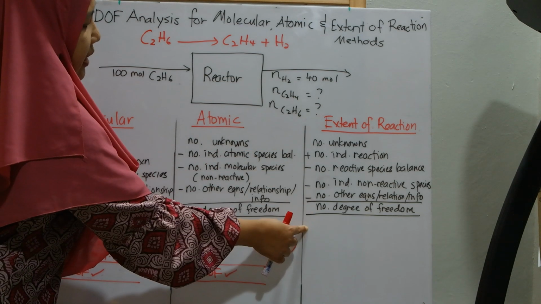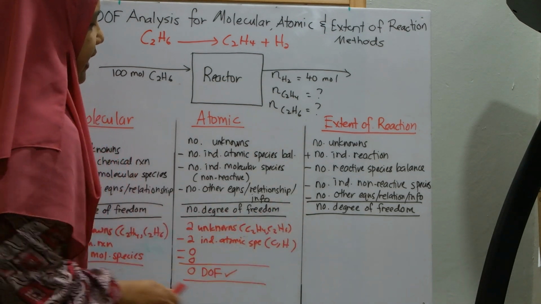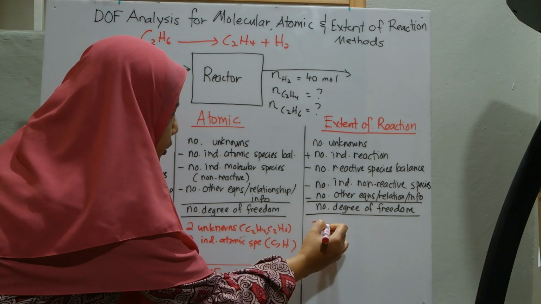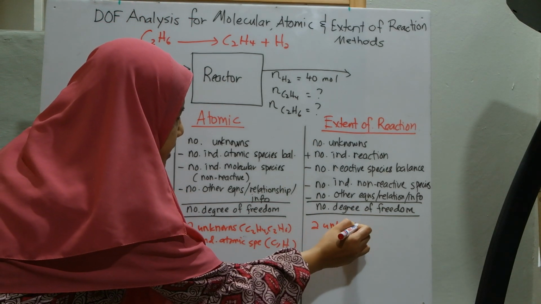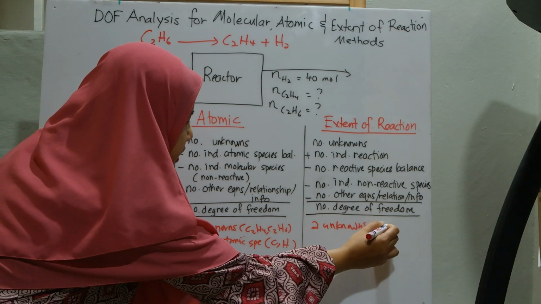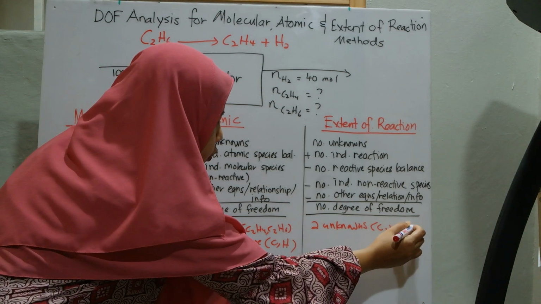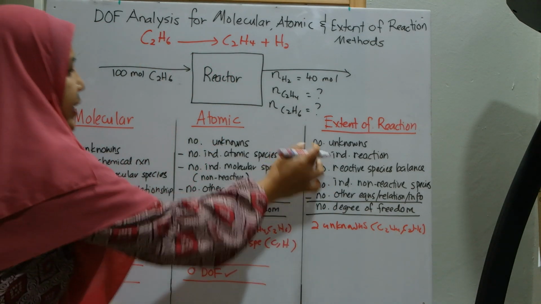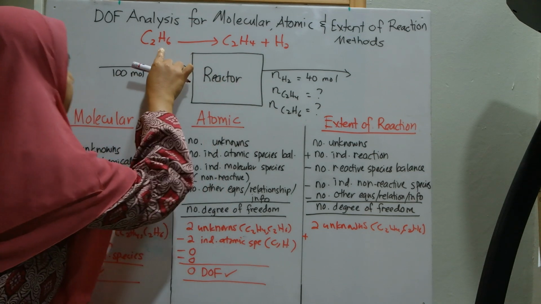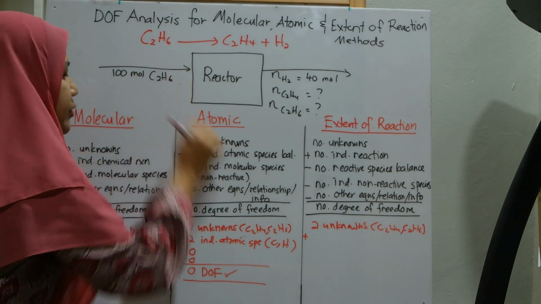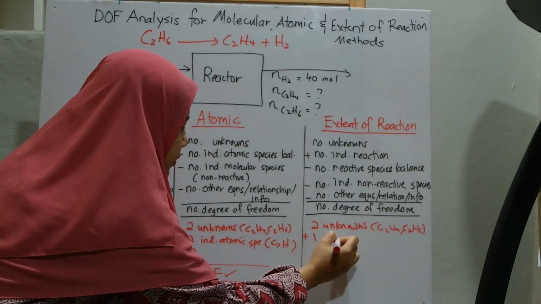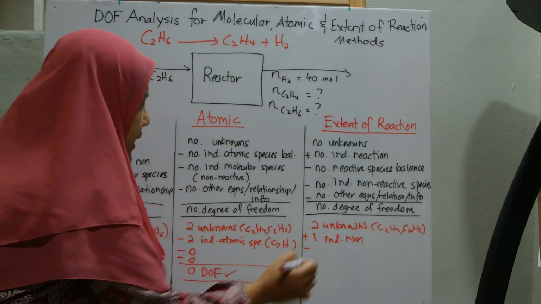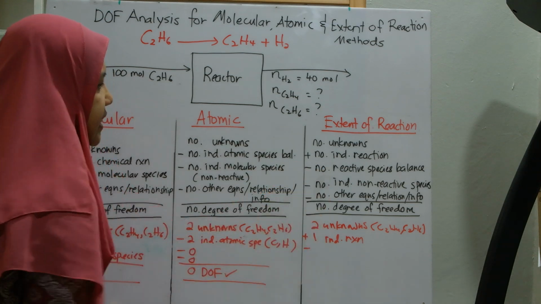So these are the requirements to do degree of freedom for extent of reaction. Number of unknowns is still similar to the unknowns from the process. We have C2H4 and C2H6, and it says plus number of independent reactions, plus one reaction, right? Because this process only involves one independent reaction. So now it becomes 3 unknowns minus number of reactive species balances.